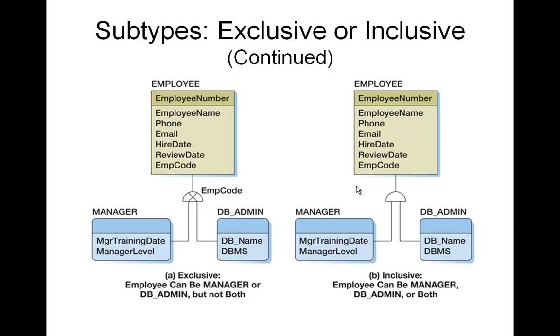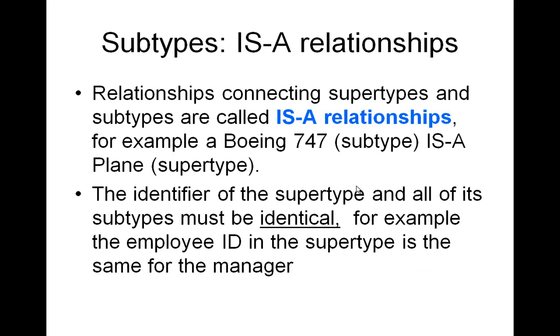One of the relations that we can identify between the subtypes is called the is-a relationship. For example, the relationship containing supertypes and subtypes, such as the Boeing 747 is a plane.